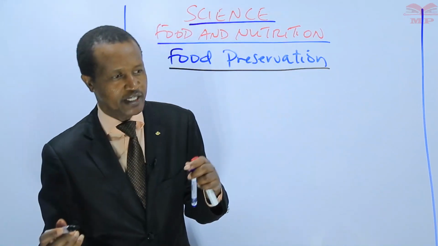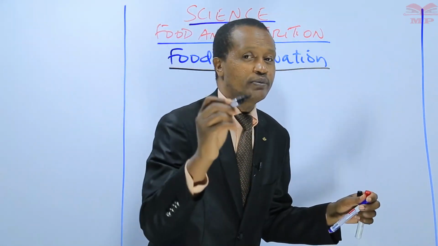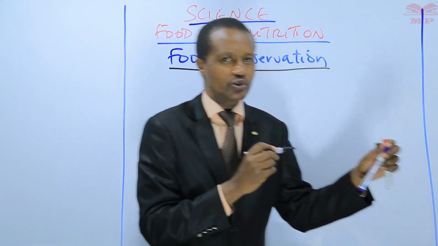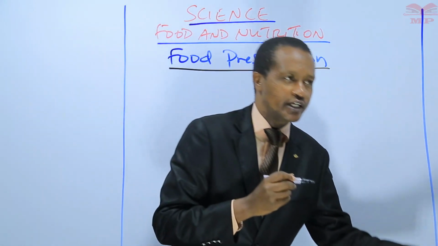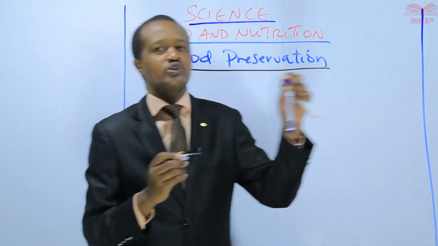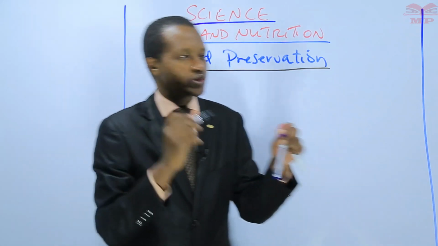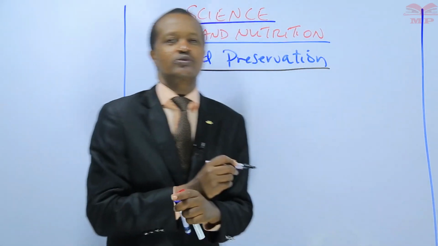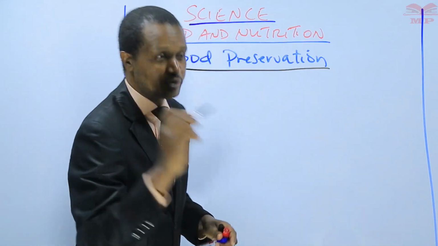This can be done by storing and handling the food properly. The process of storing and handling food properly so as to stop or slow down its spoilage is what we call food preservation. Learners, have you understood? I'm going to repeat.